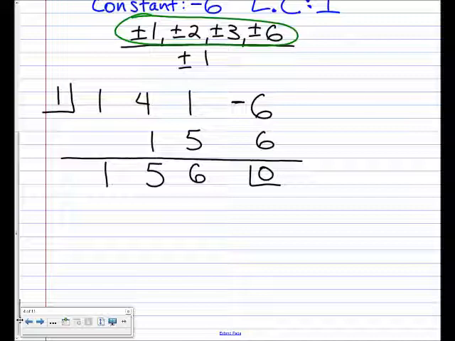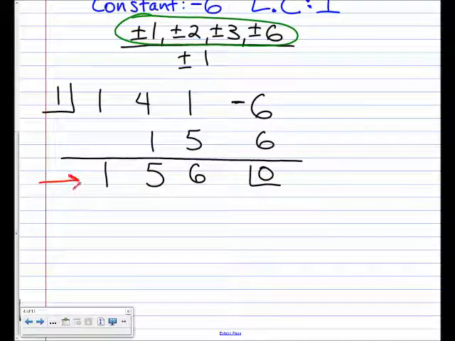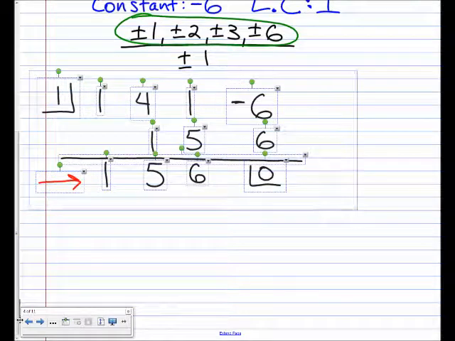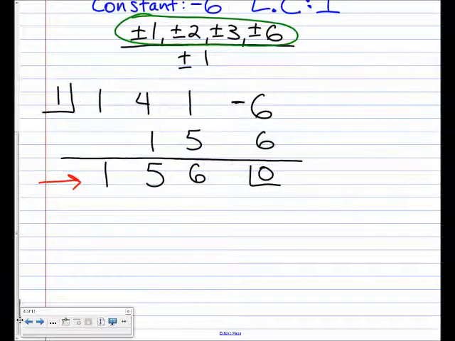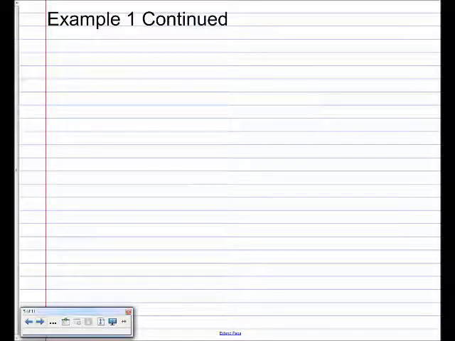Now, because we have a root, as we did before Thanksgiving, now all I care about are the numbers that are below that line in my synthetic substitution. So what I'm going to do is copy all of this onto the next slide, and I care about those numbers that are underneath.